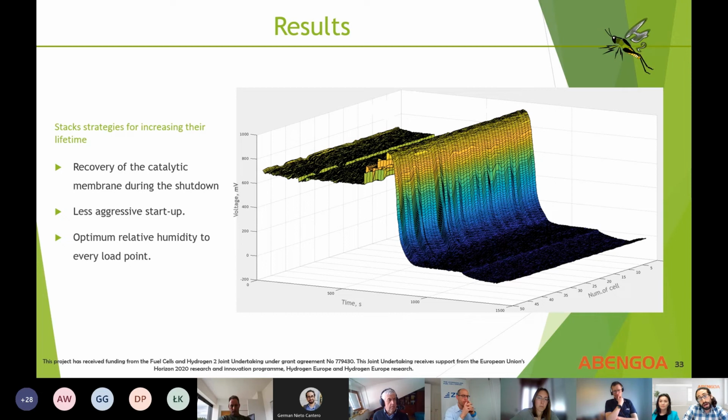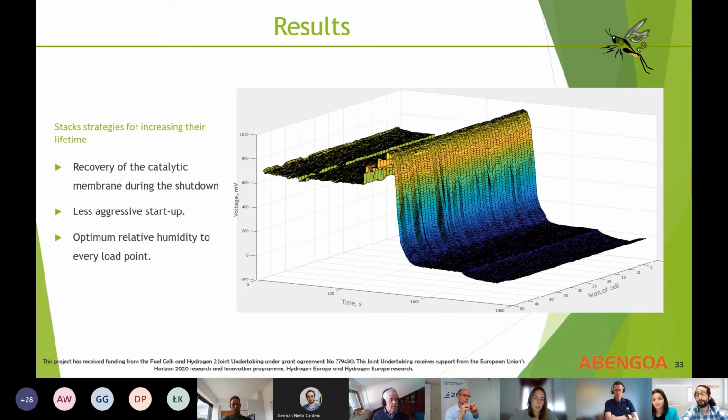Each data point on this axis represents one of the individual cells. You can see how homogeneously the cell voltage is being reduced across the whole stack, which is a very good result that makes us believe that we are going in the right direction to expand the lifetime of the stacks.